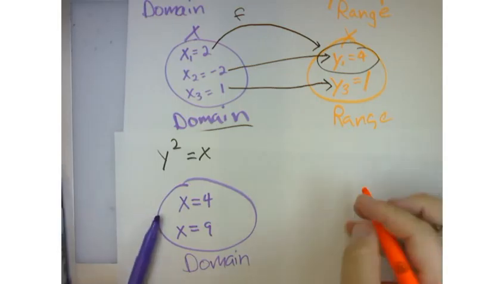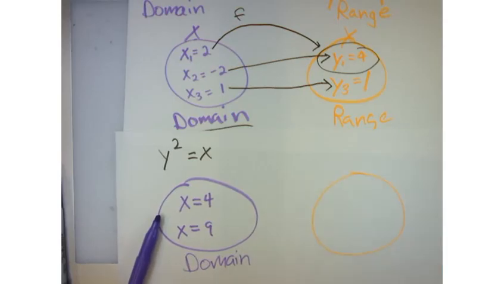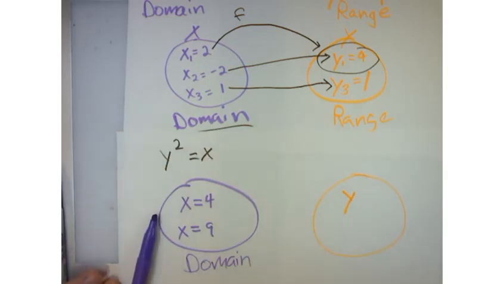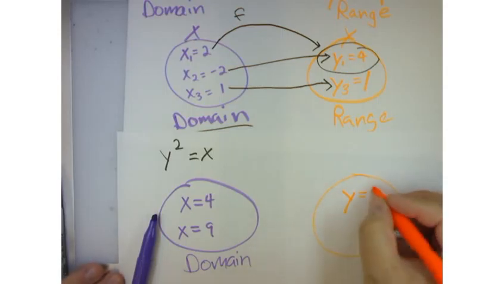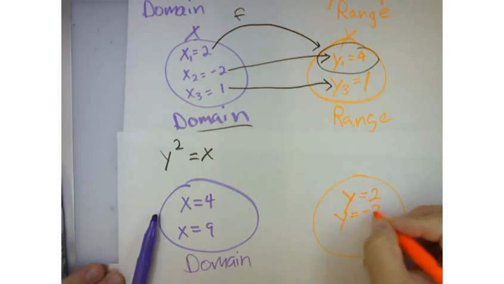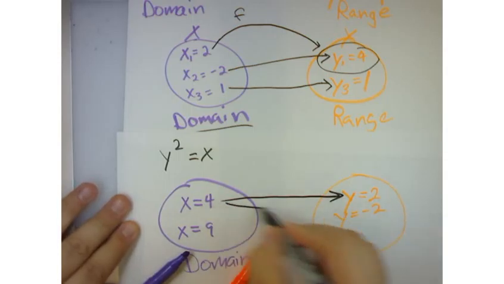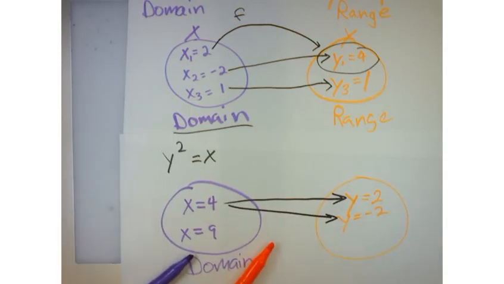And when I map this, what will be my answer? Well, what I need to think of is if this equals 4, what is y squared? It'd be the square root. So y could equal 2, and what else could y equal? Negative 2. So here, when I do this, how many arrows are leaving x equals 4? 2. Not a function.